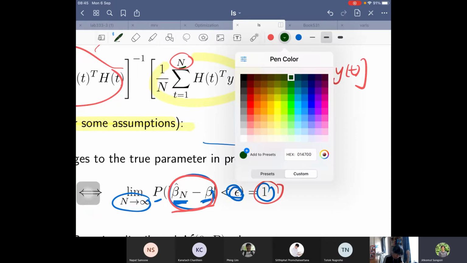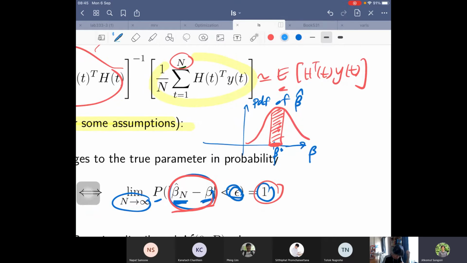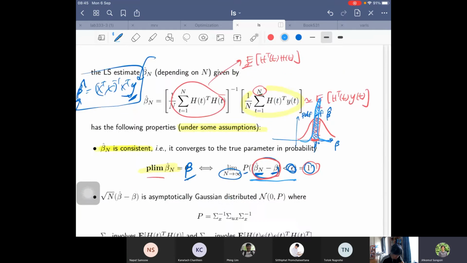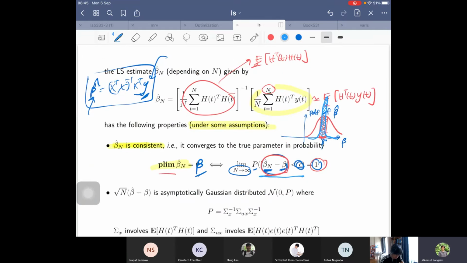This means that when you use more and more data, your PDF is supposed to be concentrated around the true parameter, so that the area under the PDF, which is this probability, is close to 1. That's the definition of the p limit, and we say that beta hat has that property, consistent.